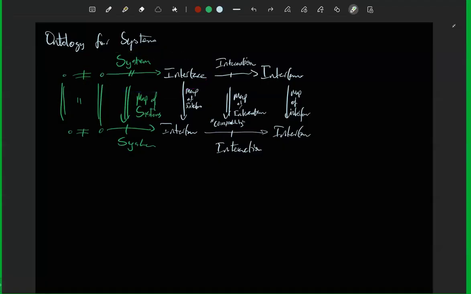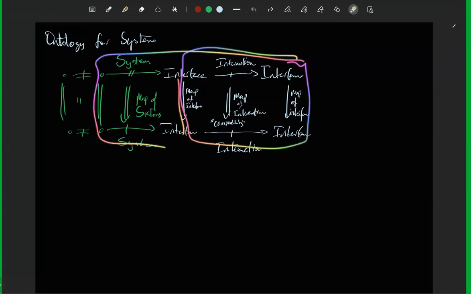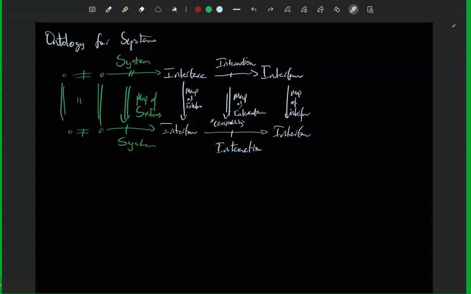So another thing that means is if I take a map of interactions and I compose it with another map of interactions down here, say, then I'll get a map of interactions. And similarly with these compatibilities, and similarly with the maps of systems. And finally, if I take a map of systems and I compose it with a map of interactions, I get another map of systems. Okay.